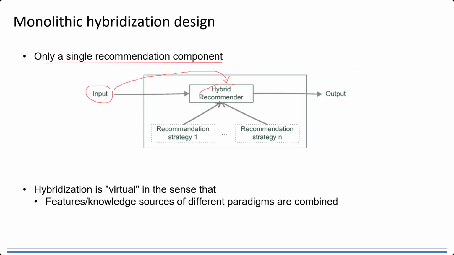In the hybrid recommender, we will see the first strategy, the second strategy, the third strategy, until the end strategy. After we have several strategies, we will show the output. Hybridization is virtual in the sense that features or knowledge sources of different paradigms are combined. We just combine the features. This is the most common approach, or the easiest one.